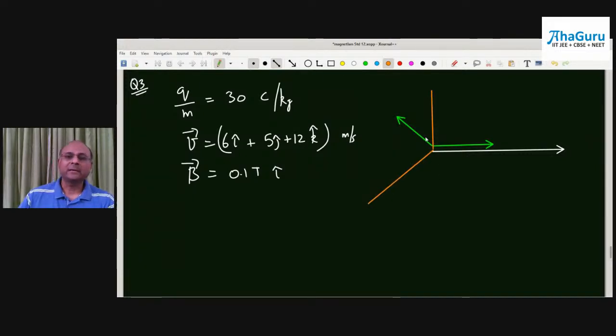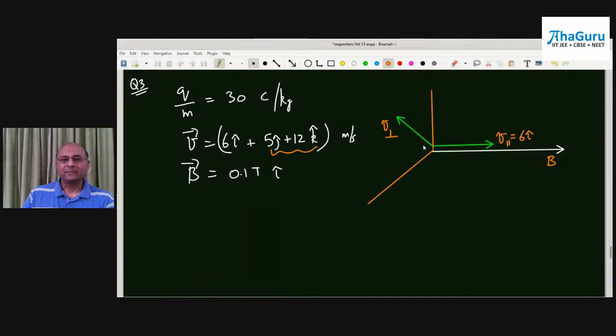So you can see that the velocity has a component along j and k, but it doesn't matter, because really what matters is the fact that if this is velocity, this is B, the magnetic field, this is velocity perpendicular to the magnetic field, this is velocity parallel to the magnetic field, and this velocity is 6 I cap. This has j cap and k cap components.